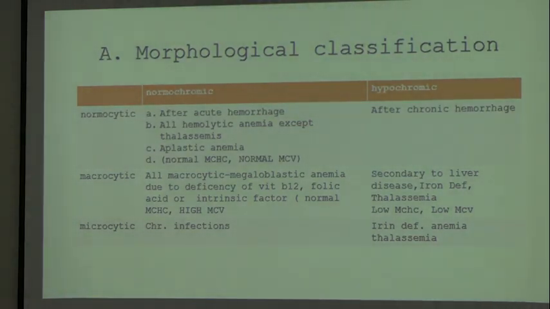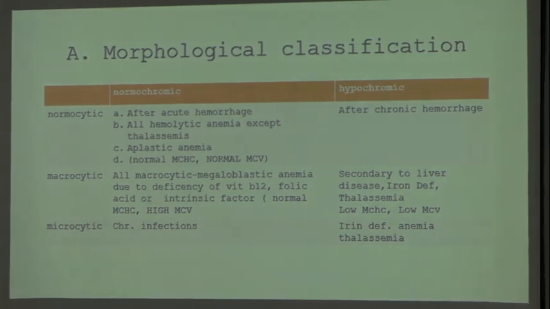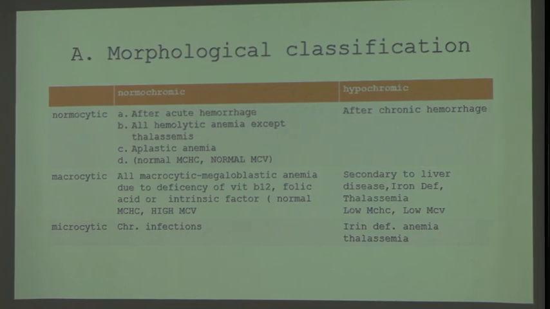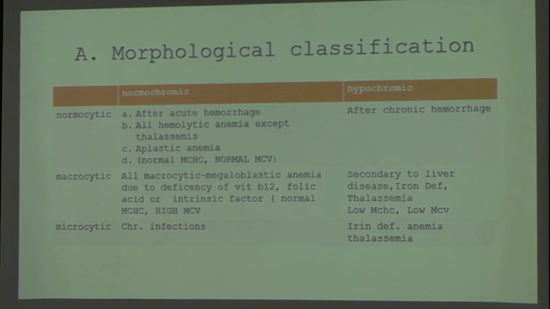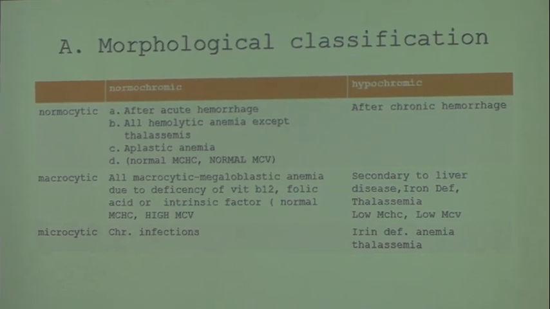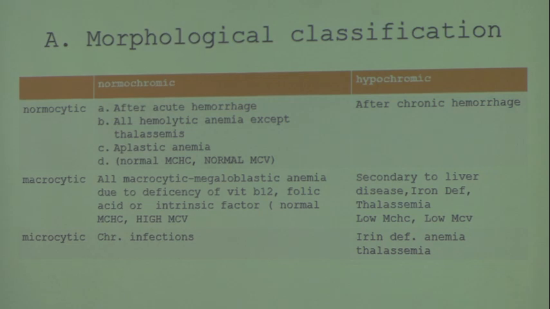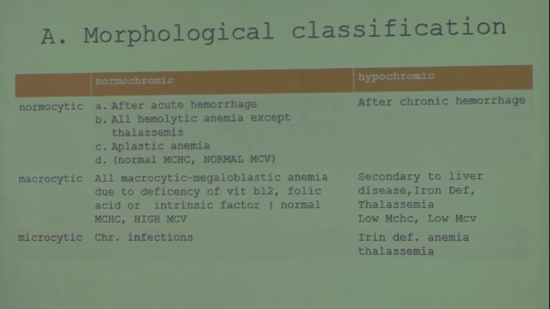Morphological classification: normocytic, macrocytic, and at the top right-hand side normochromic, hypochromic. What are the conditions? The red cells are normocytic, normochromic in cases like acute hemorrhage, all hemolytic anemias except thalassemia, and aplastic anemia.